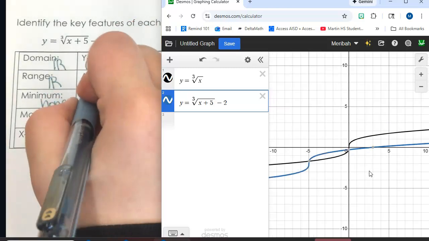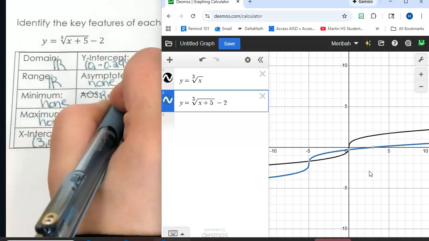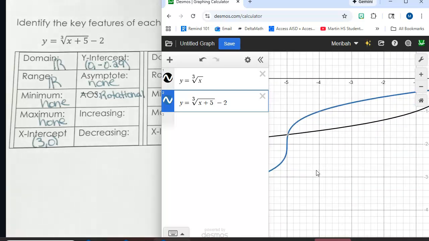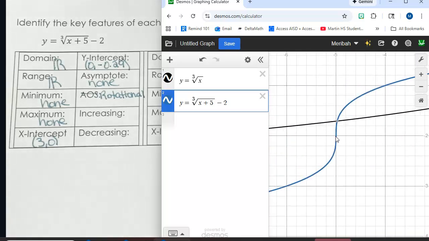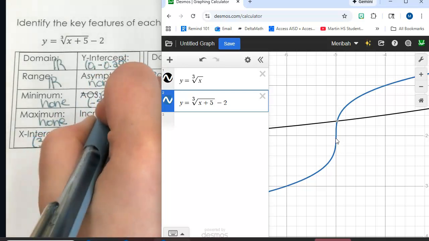We do not have an asymptote. And then again, for that rotational symmetry, that is going to be about the point of inflection, which is here. Again, I don't want where they are intersecting. I want that inflection point, which is based on my transformations left and down, so at -5, -2.